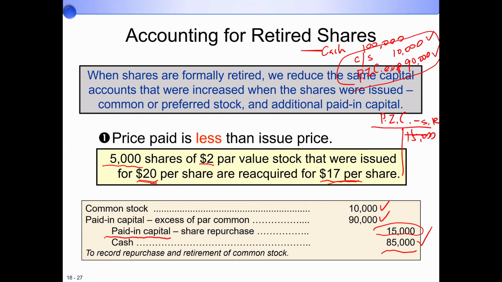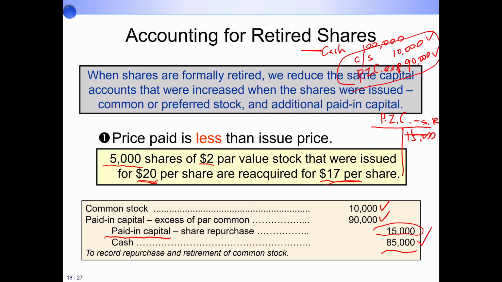Yes. So now if you look at the paid-in capital accounts, what have we learned so far? Common stock is one of the paid-in capital accounts. Then we have paid-in capital in excess of par value, also a paid-in capital account. And then we have preferred stock, a paid-in capital account.